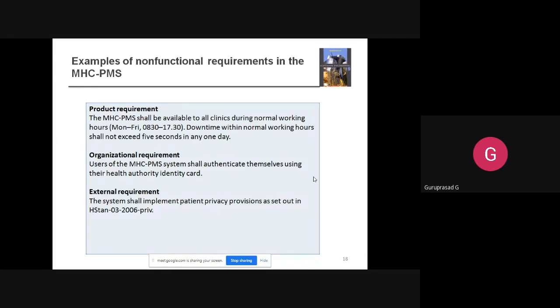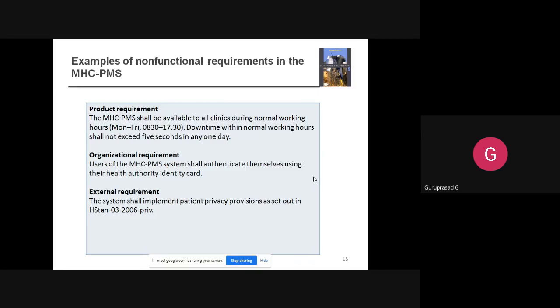What is the organizational requirement? The users of the system shall authenticate themselves using the health authority identity card. So this tells that the users have to authenticate using the health identity card. The external requirement says that the system shall implement patient privacy provisions. Why?